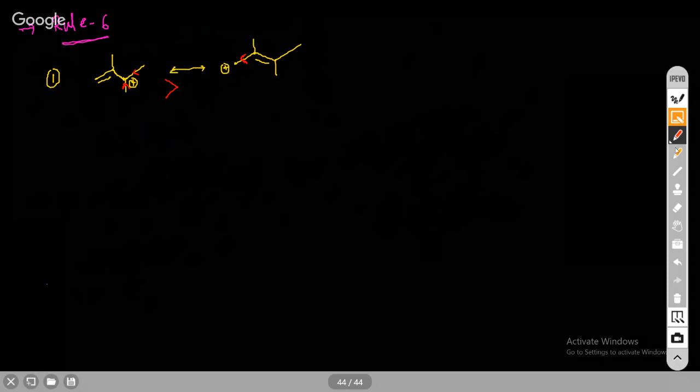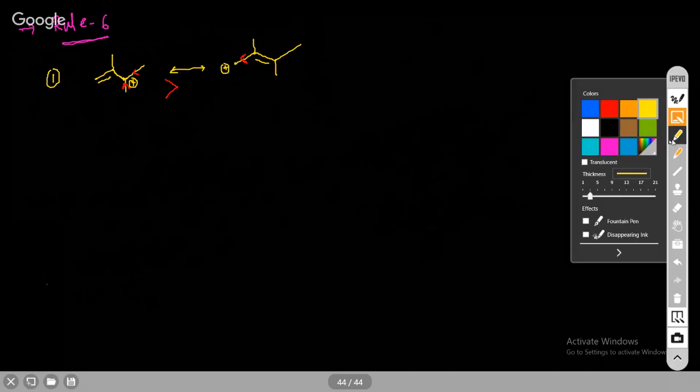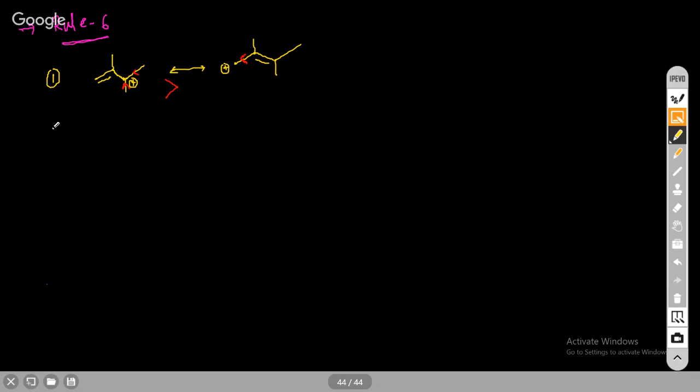Second example, you see. Suppose we have this one. The molecule is double bond CH2, positive charge here, and then we have CH2 plus.